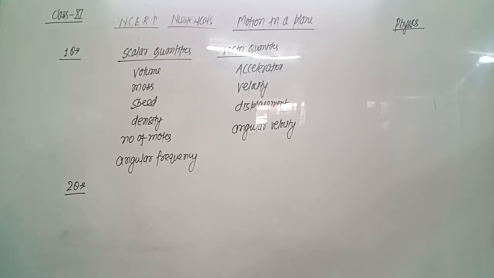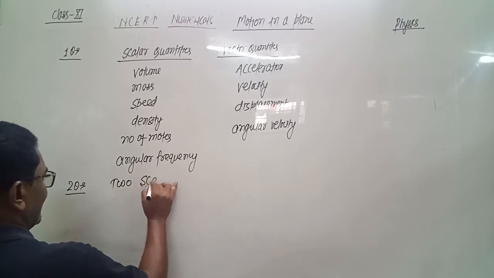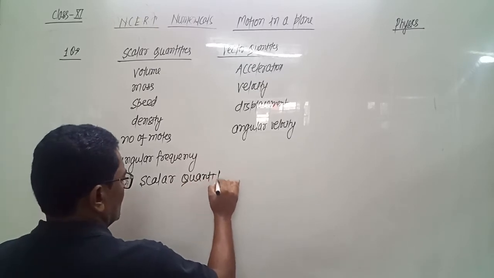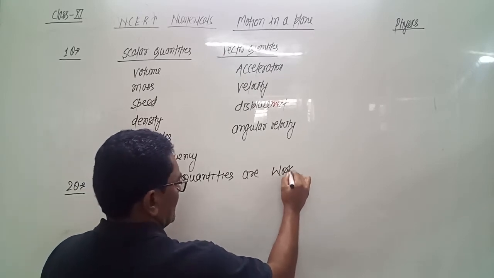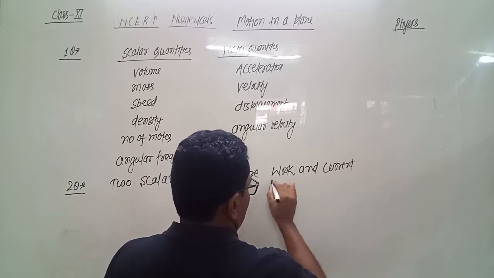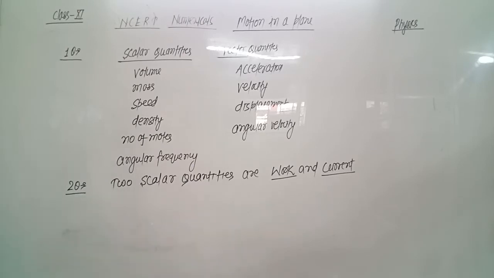So the two scalar quantities are work and current. Work and current are two scalar quantities. We have given various quantities in which we have to speak out two scalar quantities.